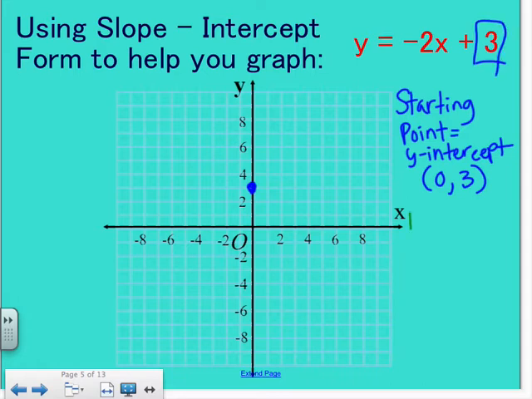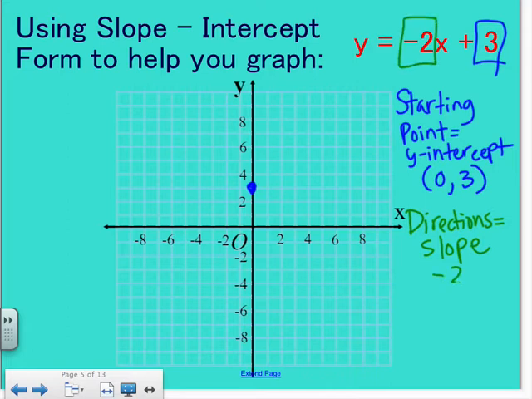And then remember, our directions is the slope. Slope gives us directions to all the other points. So our directions is the slope. In this case, -2. So remember, slope is rise over run. So I'm going to write that as -2 over 1. That's how I'd write that as a fraction. So that means I go down 2. So starting at my starting point, I go down 1, 2 over 1.